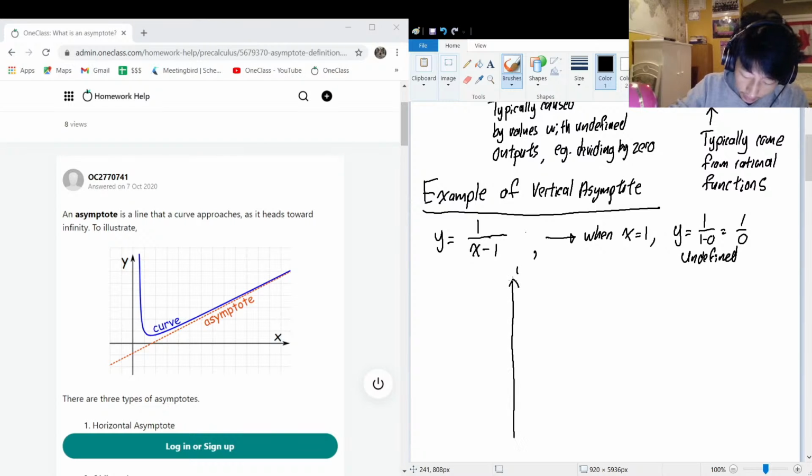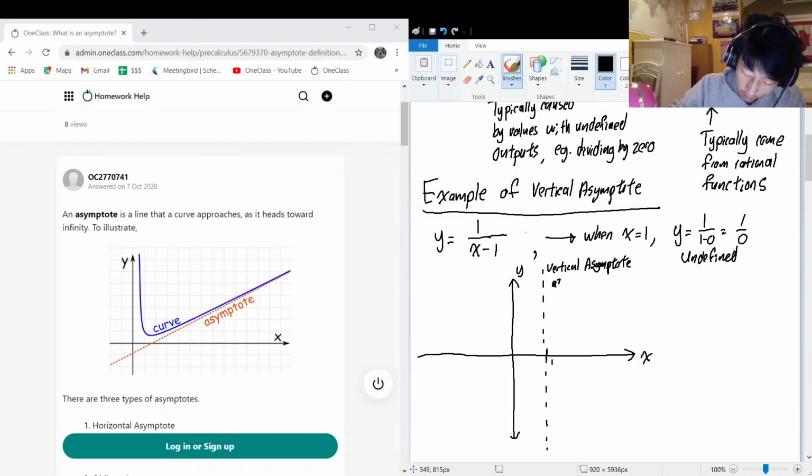So what this would look like on a graph is like this. So here are our axes. That's our y-axis and our x-axis. Suppose here is x equals 1. We would have a vertical asymptote like this, a vertical asymptote at x equals 1.